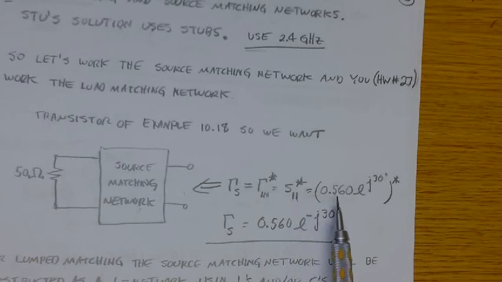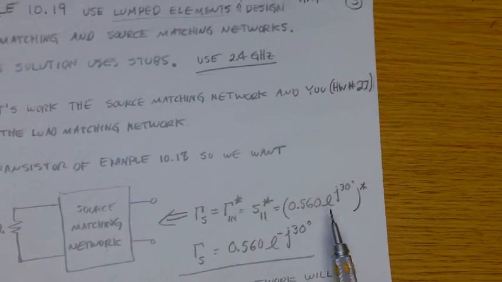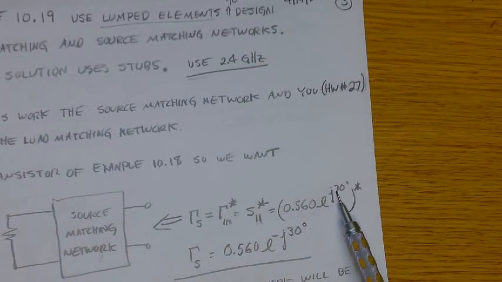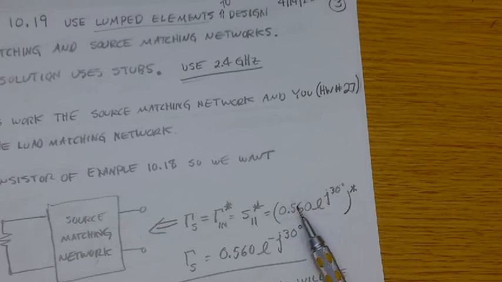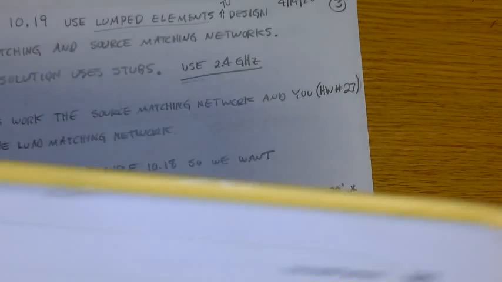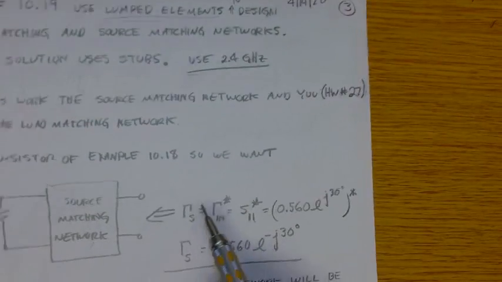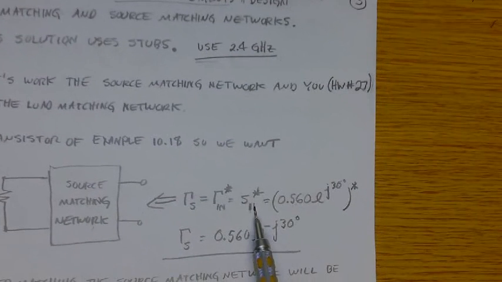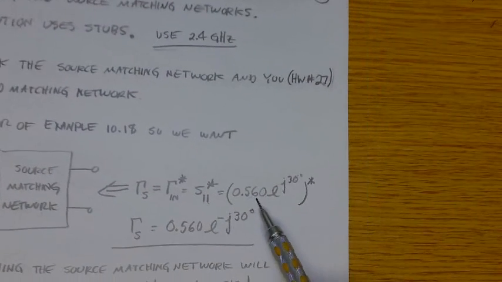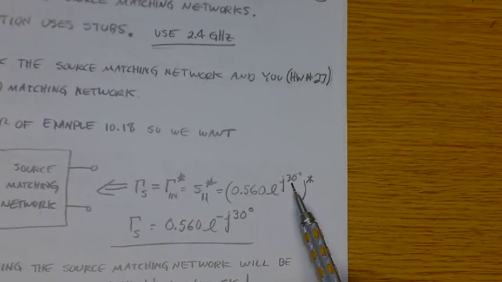Since, based on the details given in problem 1015, which gave us the scattering parameters, we're going to use these scattering parameters in our design right here. We want looking into here to be the conjugate of S11, and S11 was 0.56 at an angle of 30 degrees.